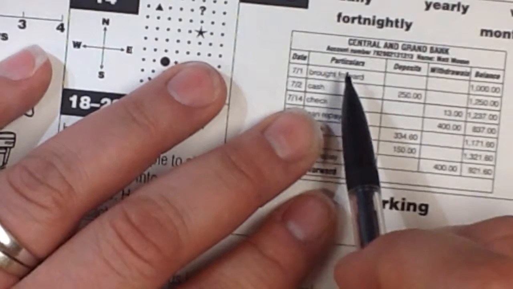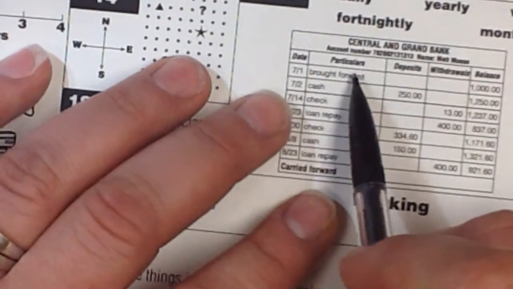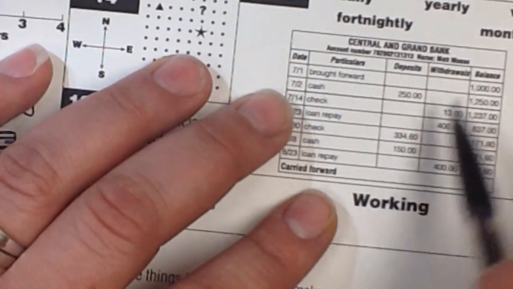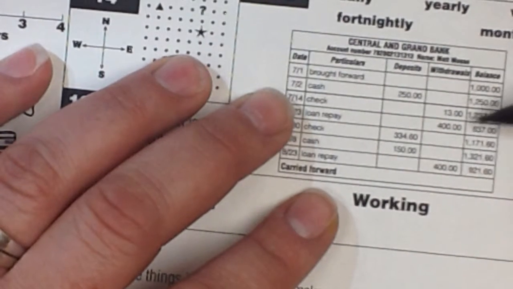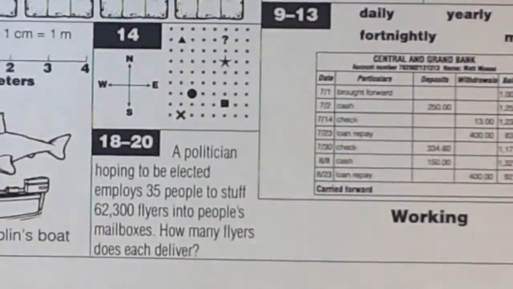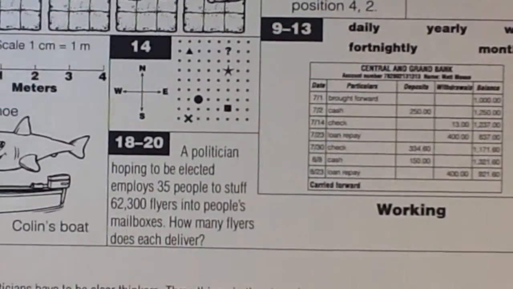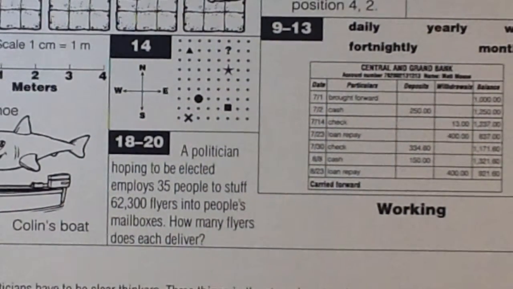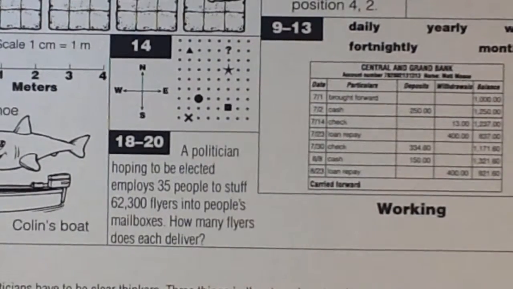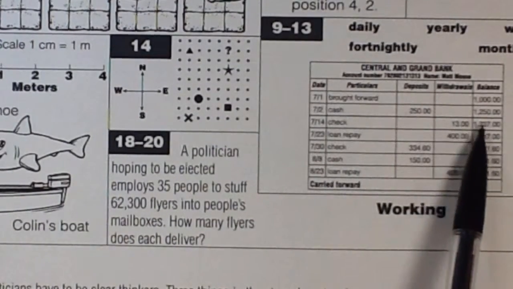This is particulars, meaning what it is we spent. Deposits mean money that we put in. Withdrawal means money that we've taken out. And this right here says balance. This is what we actually have after we've either put money in or taken money out. So number 9 again asks which word tells us the amount of money that is in an account either after we've deposited or after we've withdrawn.